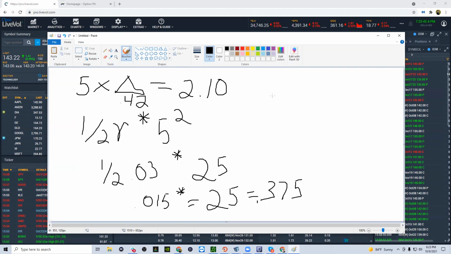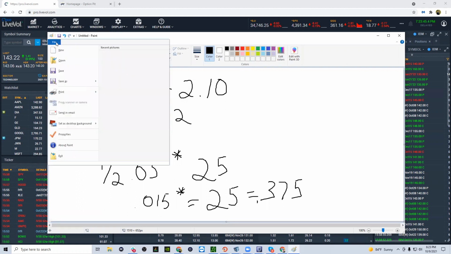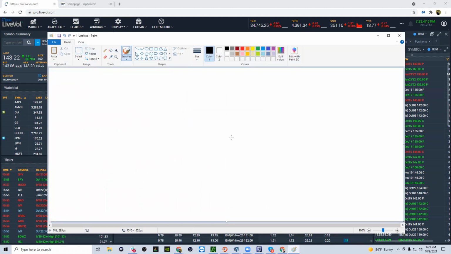So what this is saying is at the very beginning of this $5 move, the delta is 42. At the end of the move, if our gamma is 3 and we move 5 points, the delta is 57.